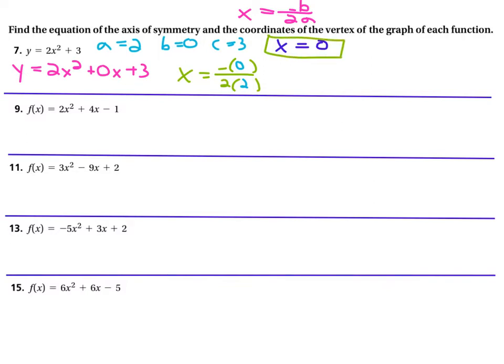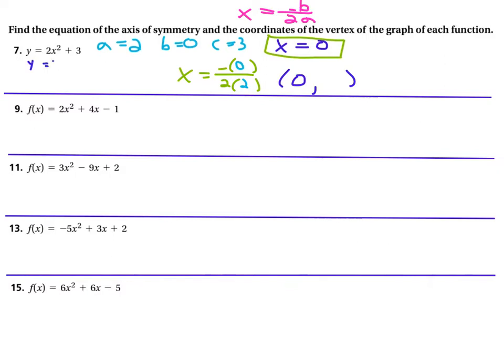Now, how do we find the coordinates of the vertex? We're always going to have the same x coordinate as we've got for the axis of symmetry, so we have an x coordinate of 0. Then we simply plug it into the equation and find out what it spits out, because that's what the equation does. It tells us the y coordinate if we give it the x coordinate, or vice versa.